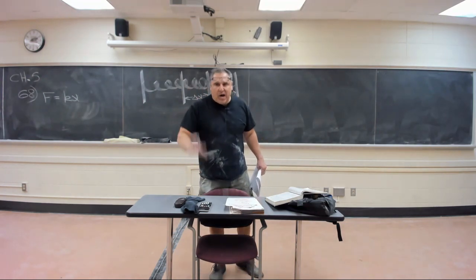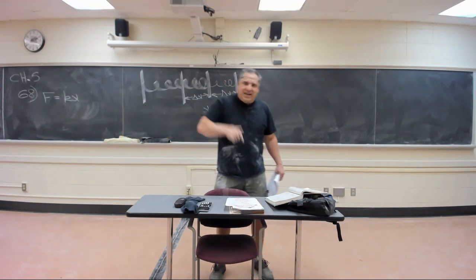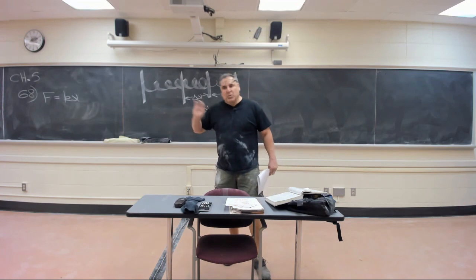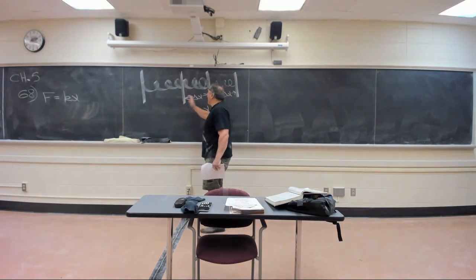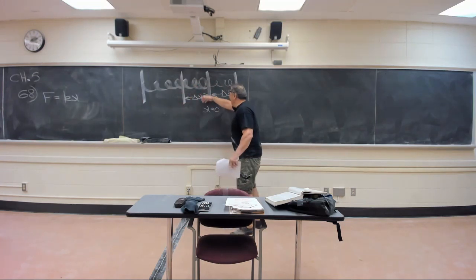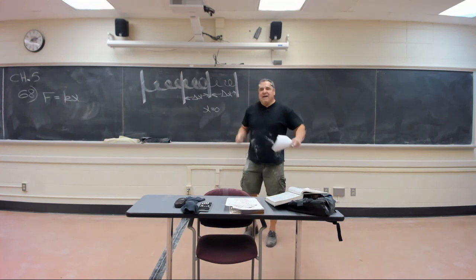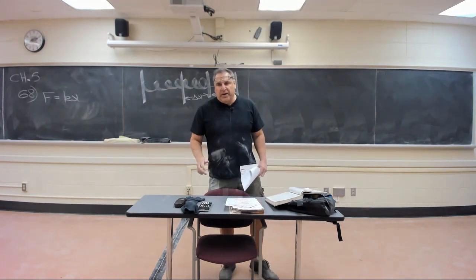Let's say I compressed it by 5 meters: 500 newtons to hold it there, to not get thrown backwards. If I pull it out 5 meters, I have to hold it there with a force of 500 newtons also. That's what an ideal spring does.